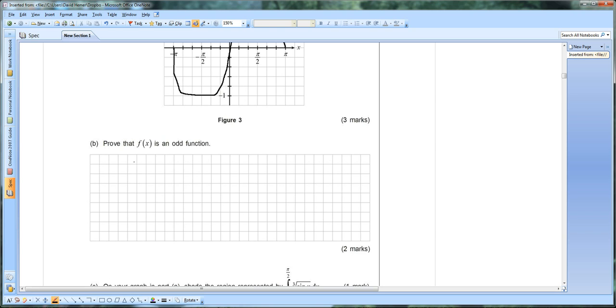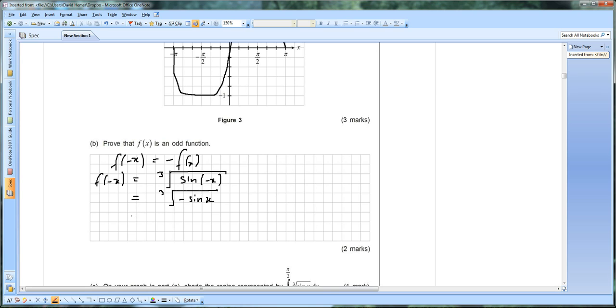Okay. Second part, we want to show, or prove, that f of x is an odd function. So to prove that, we want to show that f of minus x is equal to minus f of x. Just putting in the definition first. First part. So we end up with a cube root of minus sine x.